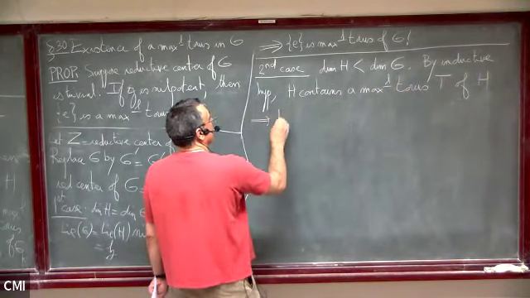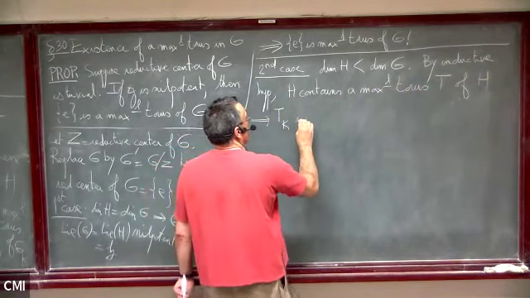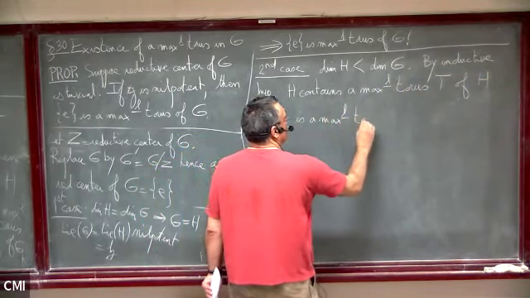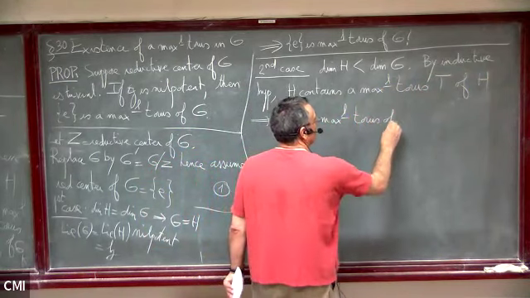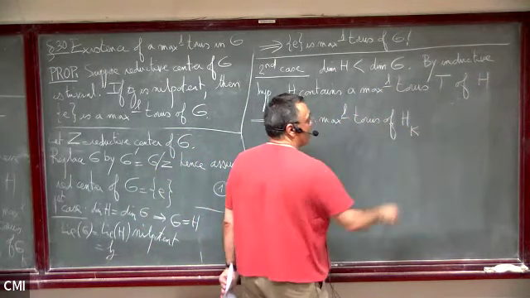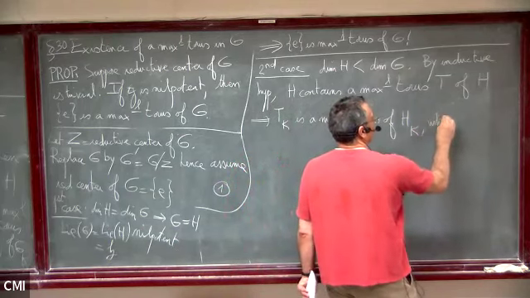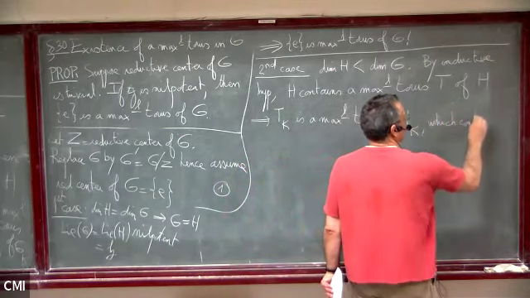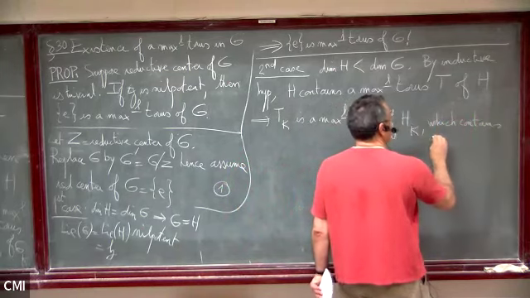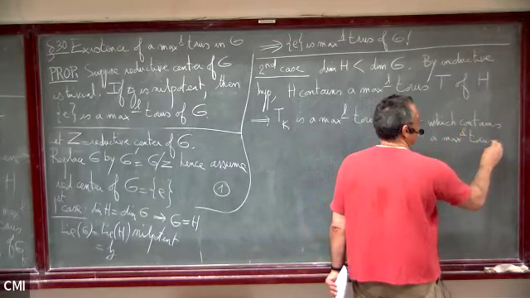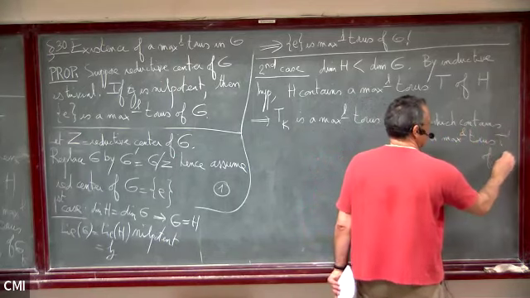But then Tk is a maximal torus of Hk, which contains a maximal torus T prime of Gk.